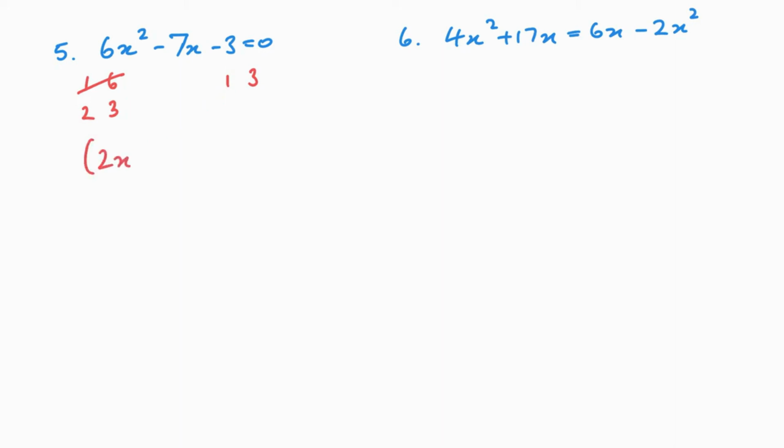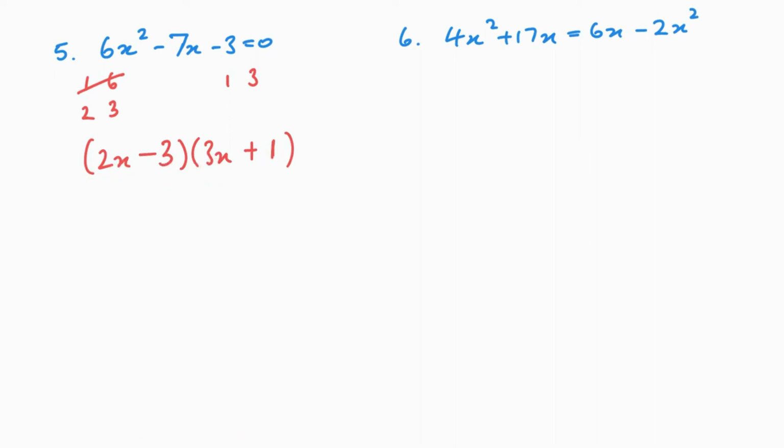So when I'm setting this up, I want 2 times 1, so the 1 will have to be here. And I want 3 times 3, so the 3 will have to be here. I want the 2 to be positive, and I want the 3 then to be negative, because I want this as a negative 9 and a positive 2.